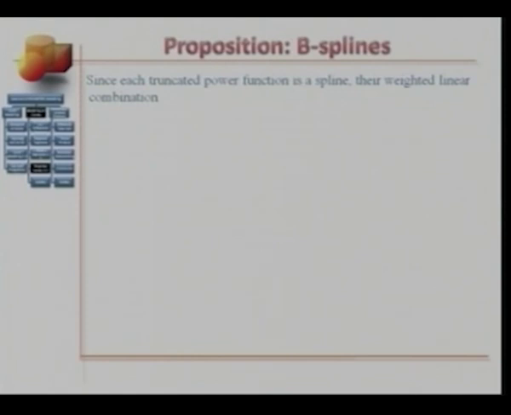Since each truncated power function is a spline, it is natural that their weighted linear combination, which is the summation over r going from 0 to n of alpha r times (tr minus t) truncated raised to m minus 1, we call this function psi of t, is also a spline of order m.